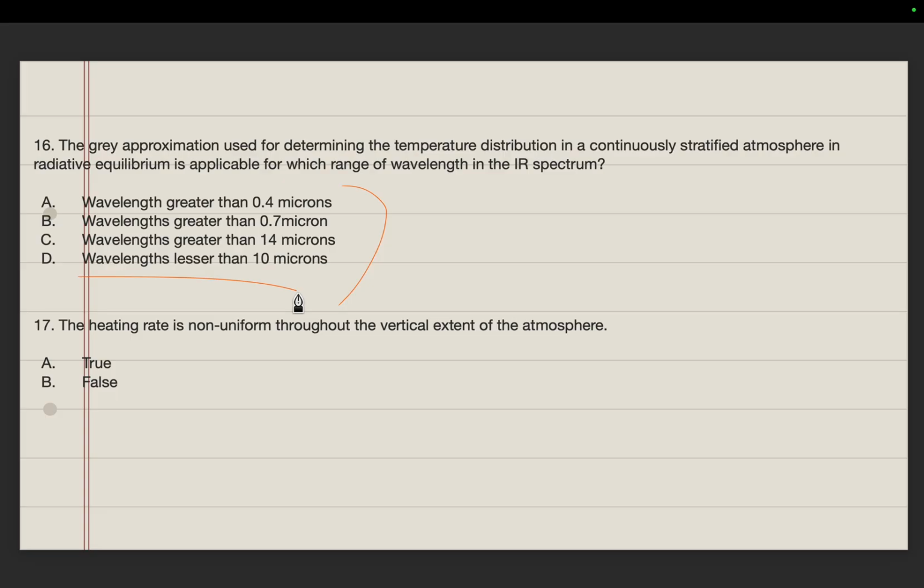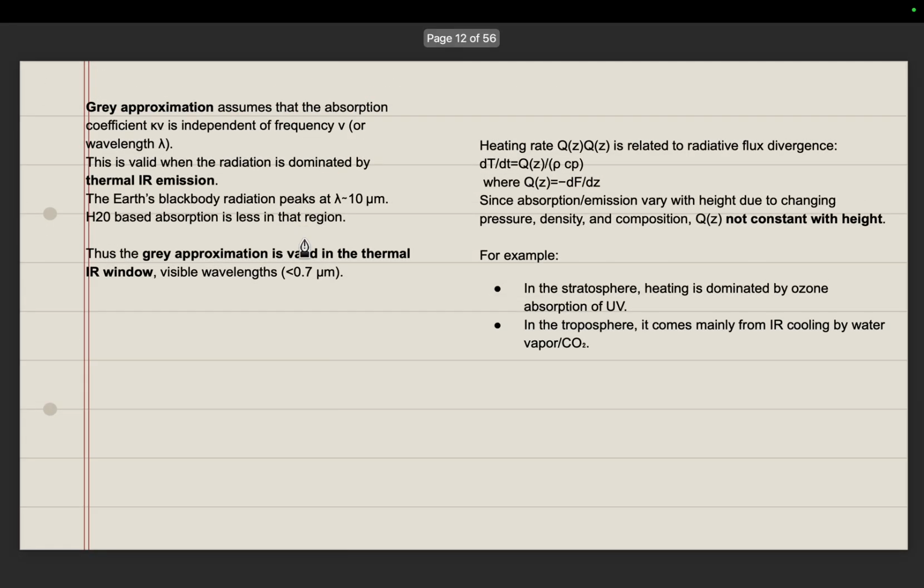Option C. Yes, the Gray approximation is applied in the infrared, that is, greater than 14 micrometer. Greater than 8 micrometer it is not applied because Earth's blackbody radiation peaks at 10 micrometer, and H2O absorption is present in that 10 micrometer region.